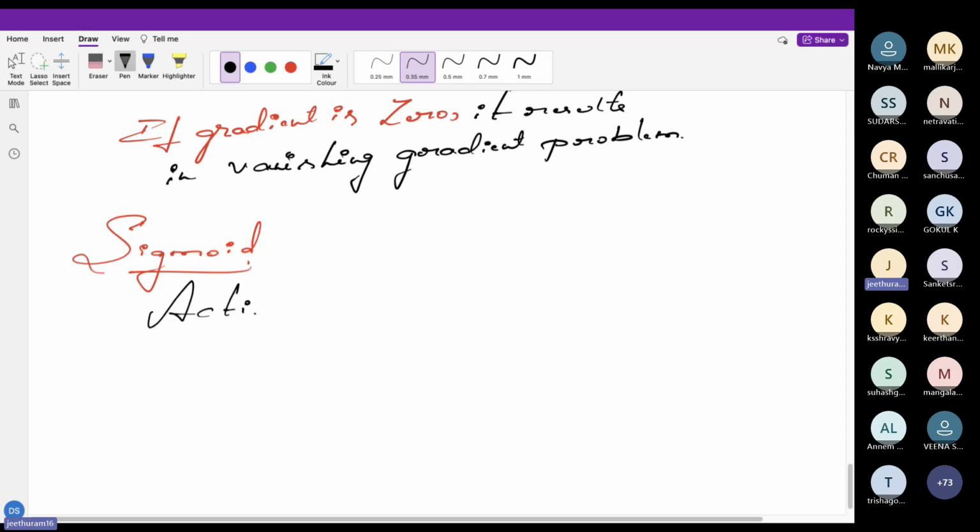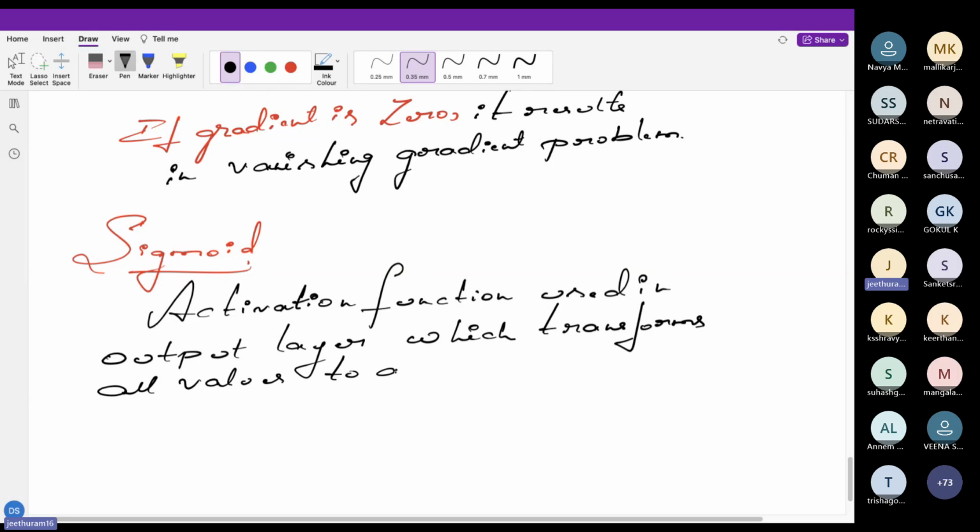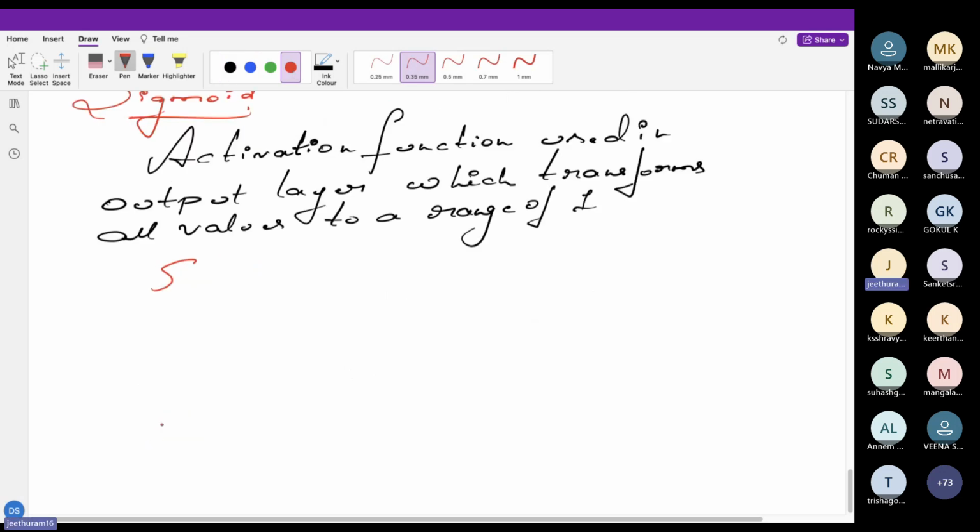It's an activation function used in the output layer, which transforms all values to a range of 0 to 1. You know this, already studied in logistic regression.